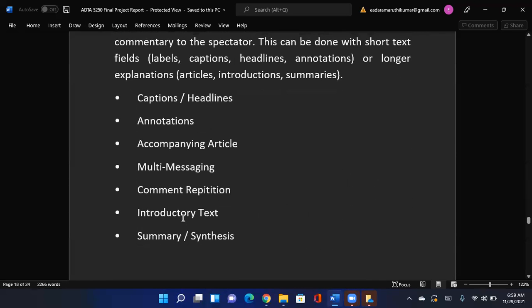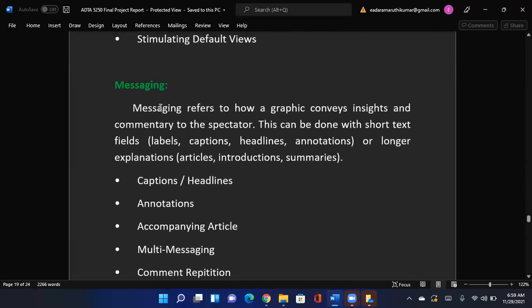After that, we have messaging. Messaging refers to how a graphic conveys insights and commentary to the spectator. This can be done with short text fields like labels, captions, headlines, and narrations, or longer explanations like articles.